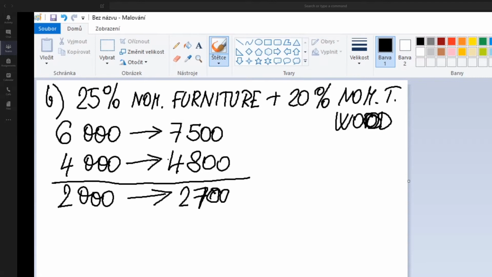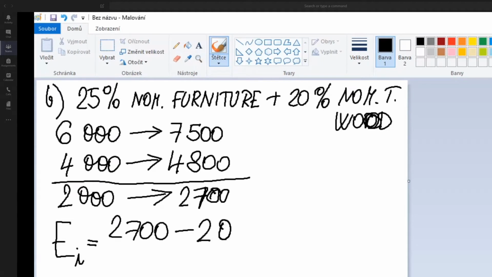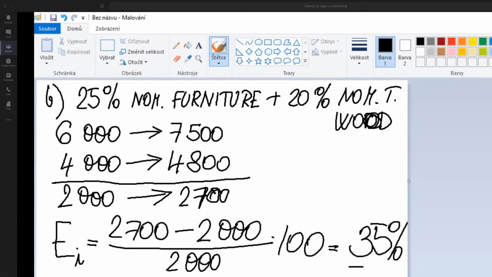So let's go again. Let's count: 2,700 minus 2,000 over 2,000 times 100. It's 35%. And what is it?